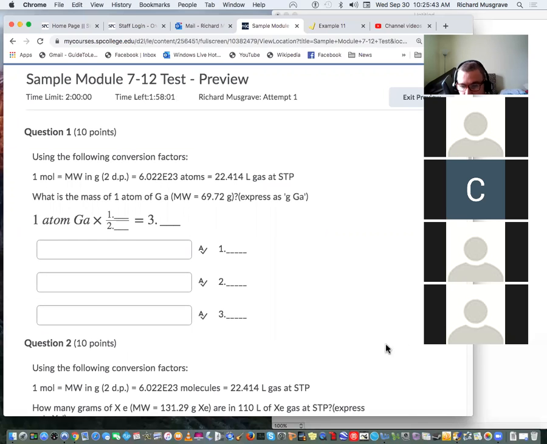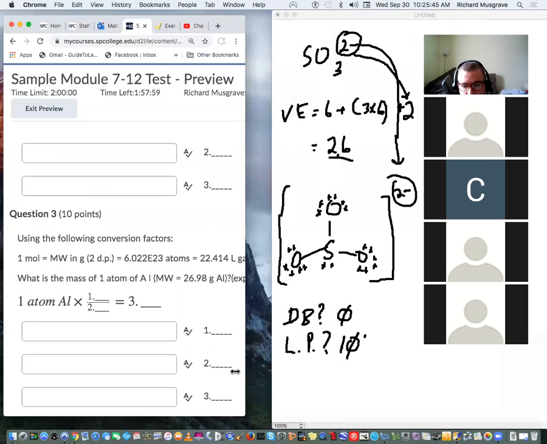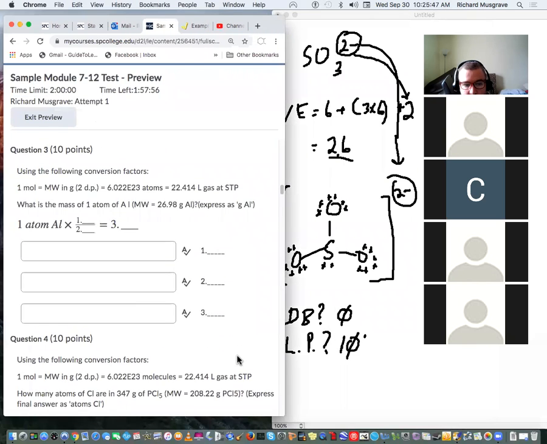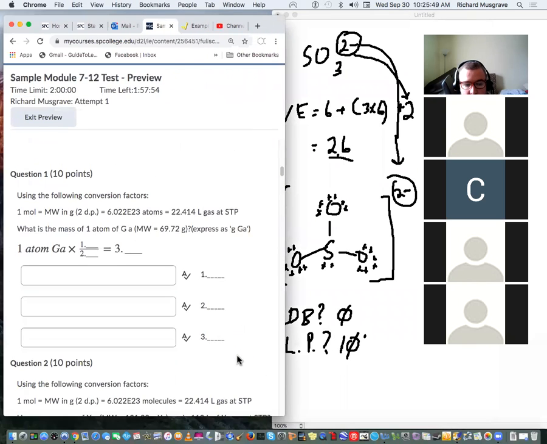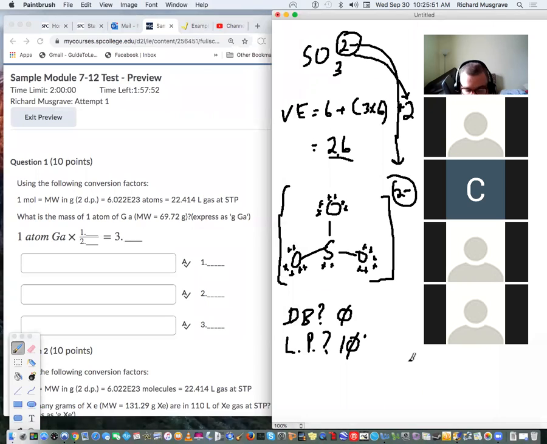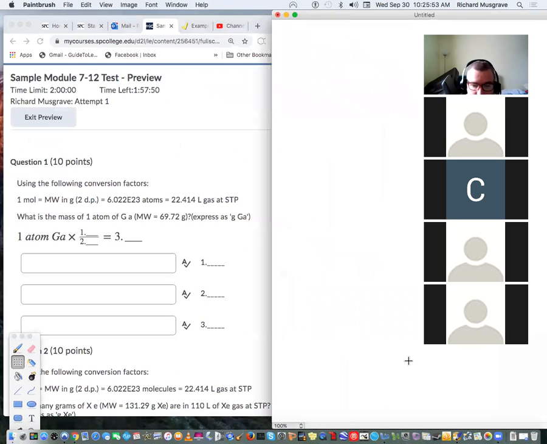All right, so let's see. We've got one atom of Ga here, and we're looking for the mass. What's the mass of one atom of Ga? So what I would do is I would write that out first. One atom Ga.